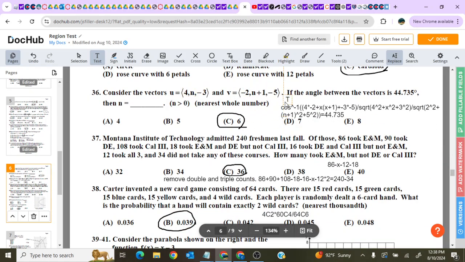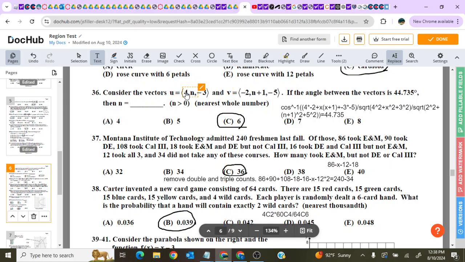36, consider these two vectors. If the angle between the vectors is 44.735 degrees, then what is n? Okay, well, the angle between vectors is the dot product of the vectors over the magnitudes of each vector. So in other words, dot product: 4 times -2, plus unknown n times n plus 1, plus -3 times -5.